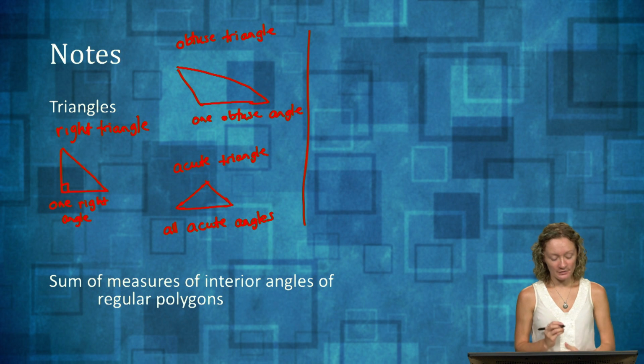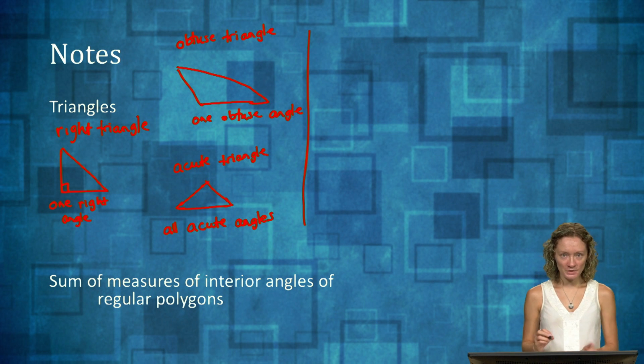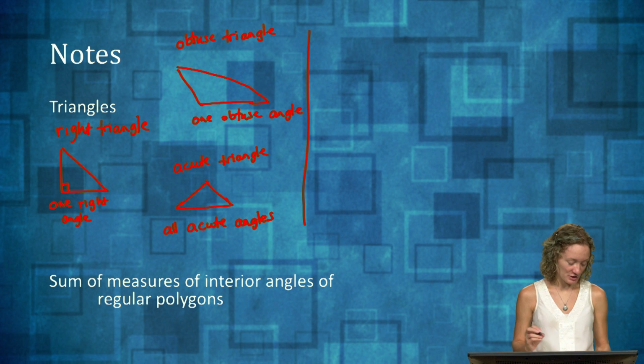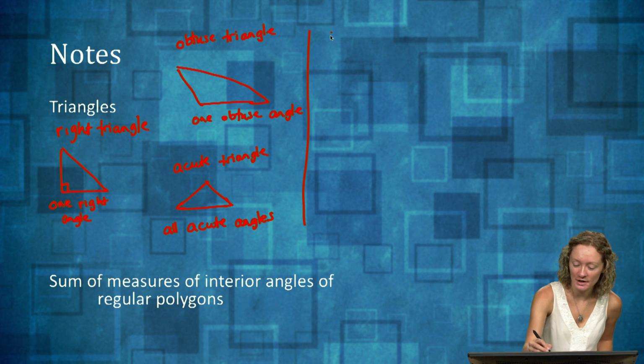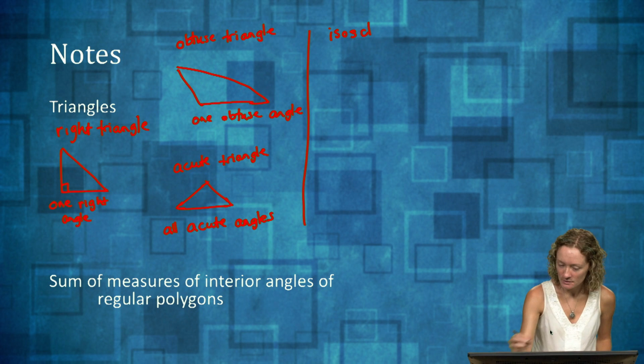We could also classify triangles according to their sides and angles. I'm sure once I say one of them, the others will come back to you. The first way we can identify a triangle based on sides and angles is isosceles.